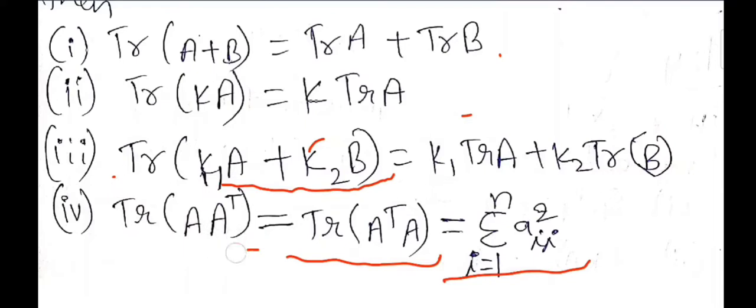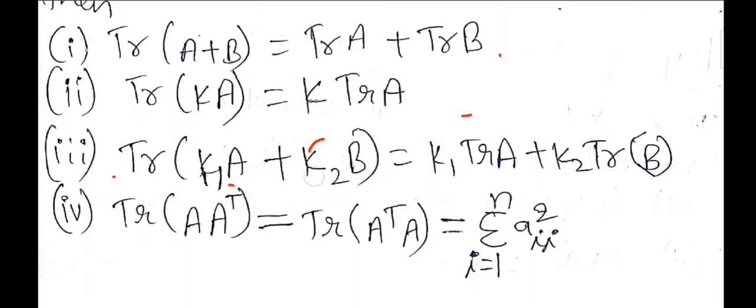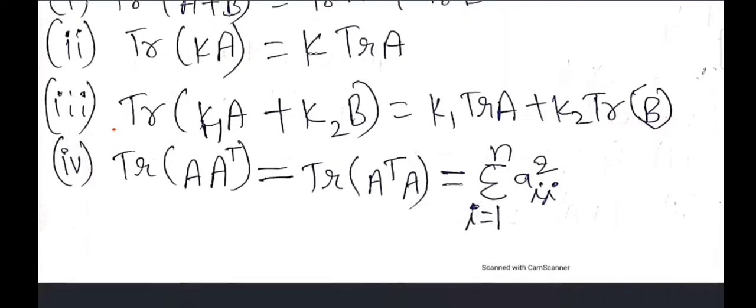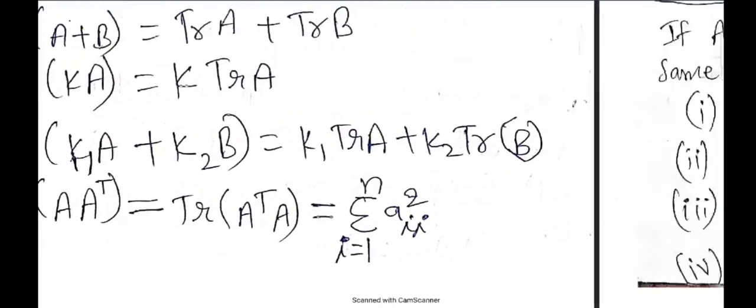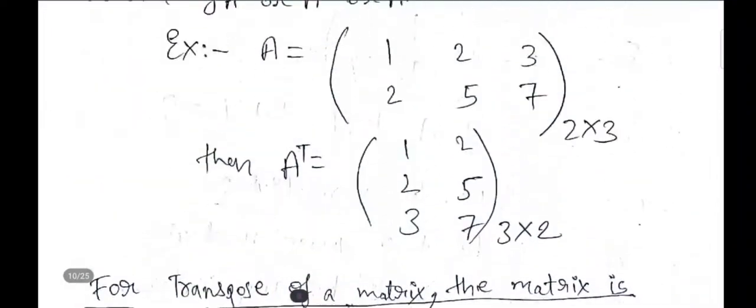Trace we have learned, we have not learned transpose. So what does transpose mean? Let us see in the next slide, and then we will come back to this slide.